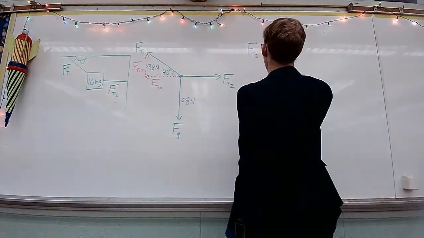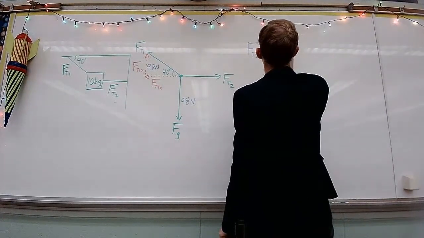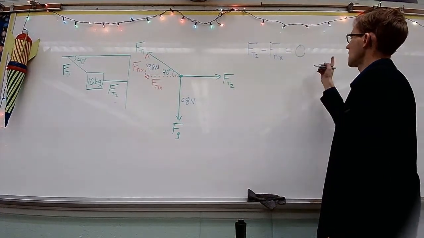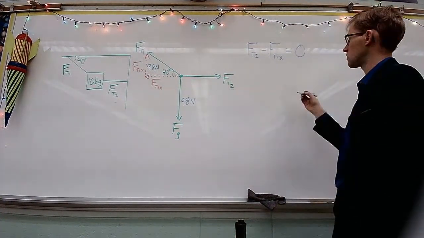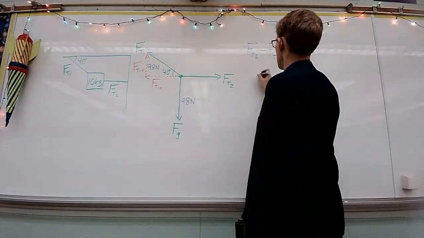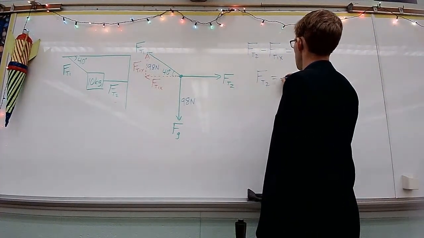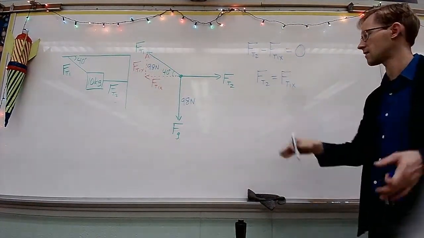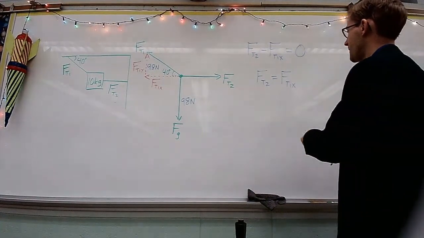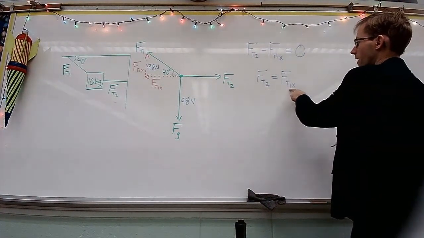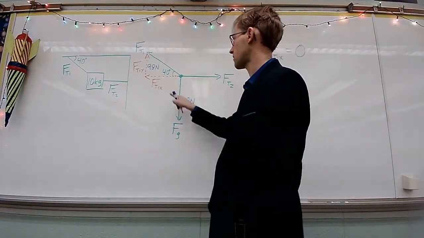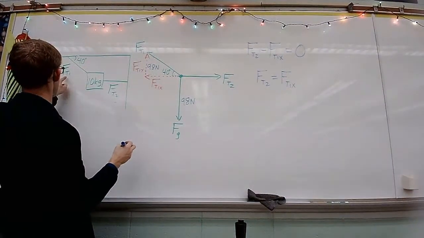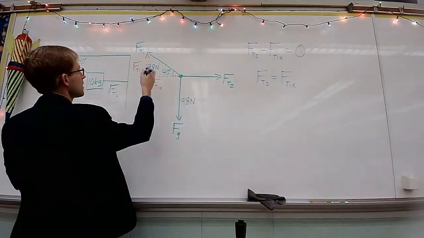Going left, I've got tension 1 in the x direction. And there's no other horizontal forces, so that equation is going to be equal to 0. So, tension 2 is equal to tension 1 in the x direction. Yay! So, from this then, to get tension 2, all I've got to do is solve for tension 1 in the x direction, which is right here. And I know tension 1 was 152.